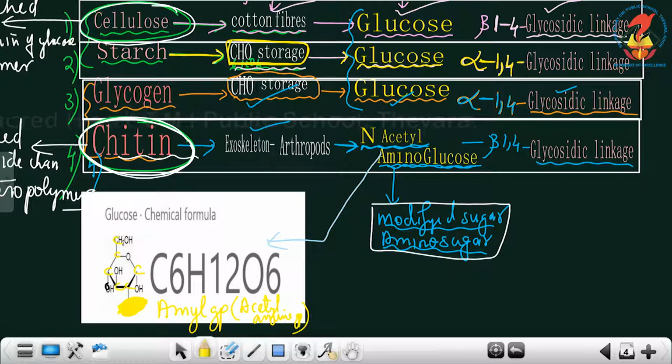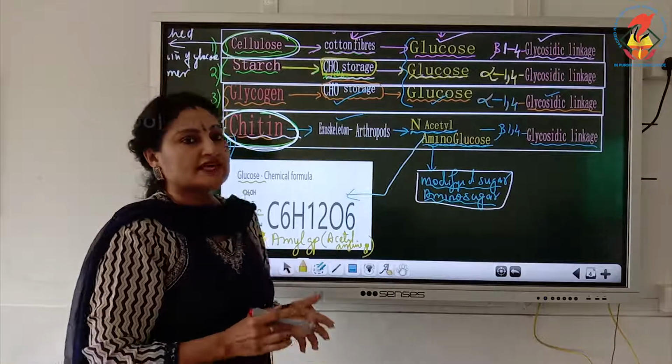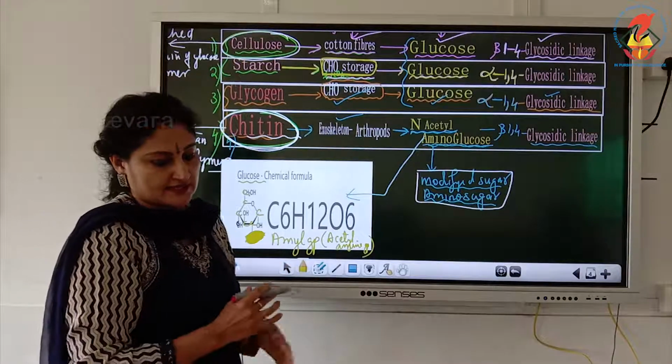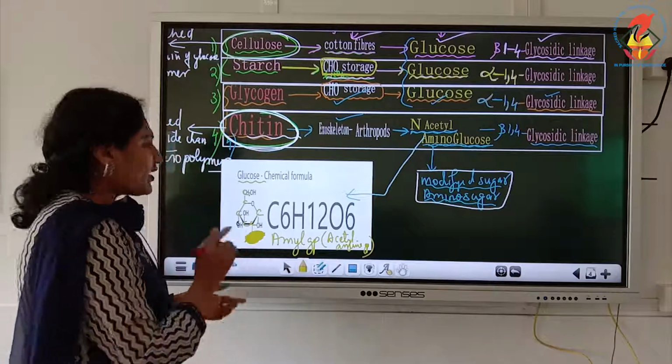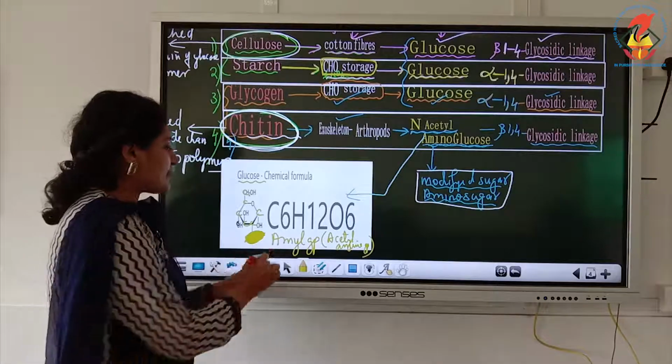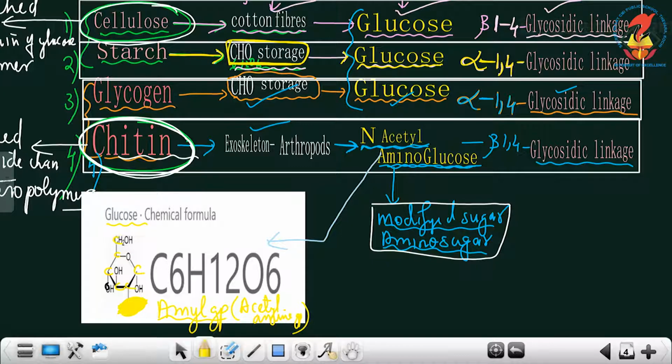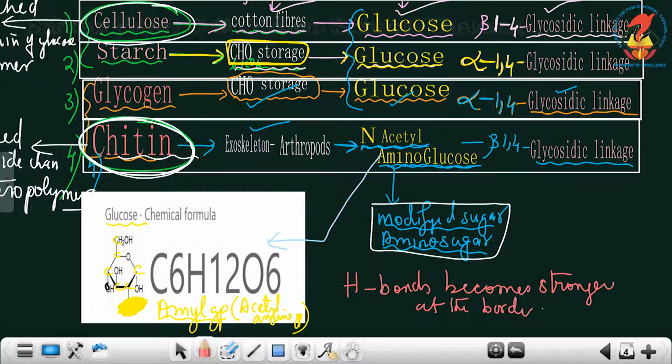So, once again, the difference is with respect to the glucose. The glucose found in the other polysaccharides is the simple glucose comprising a single pyranose ring with 5 hydroxyl groups. But here, one of the hydroxyl groups is replaced by an amide group, and because of this amide group, the hydrogen bonds become stronger.